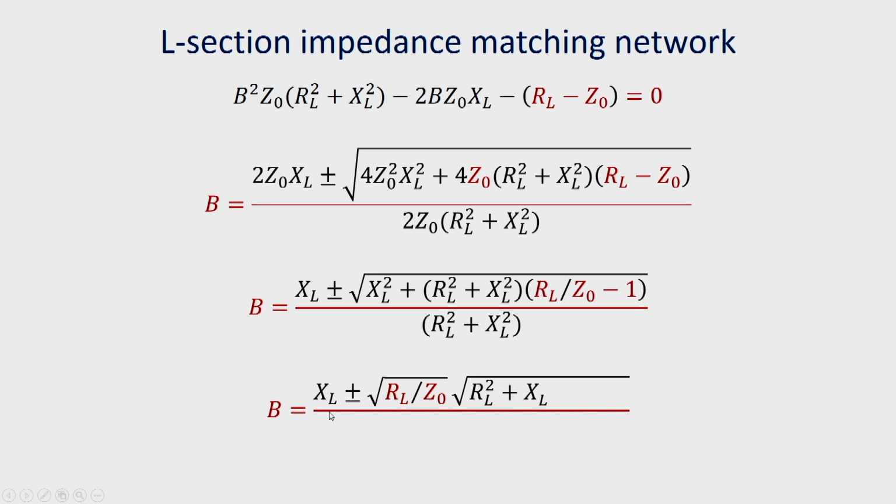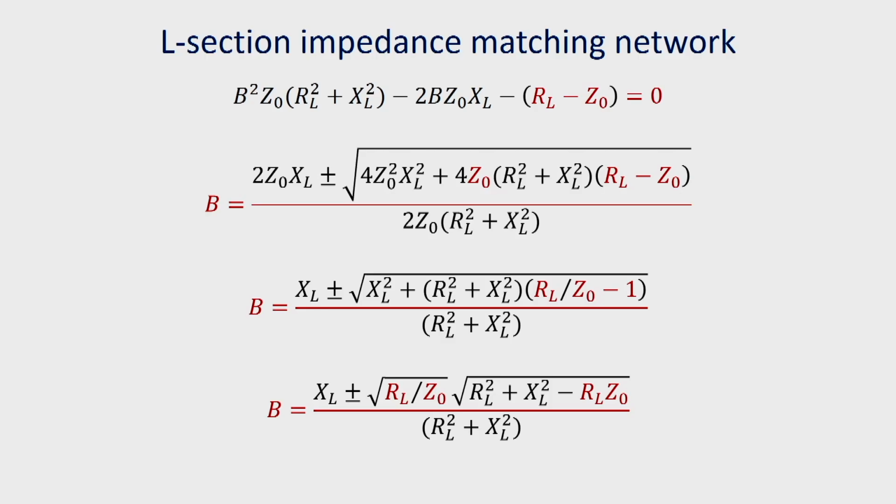B becomes X L plus minus root R L by Z naught into root R L square plus X L square minus R L Z naught, divided by R L square plus X L square. Now, we are considering the matching circuit for which R L is greater than Z naught.